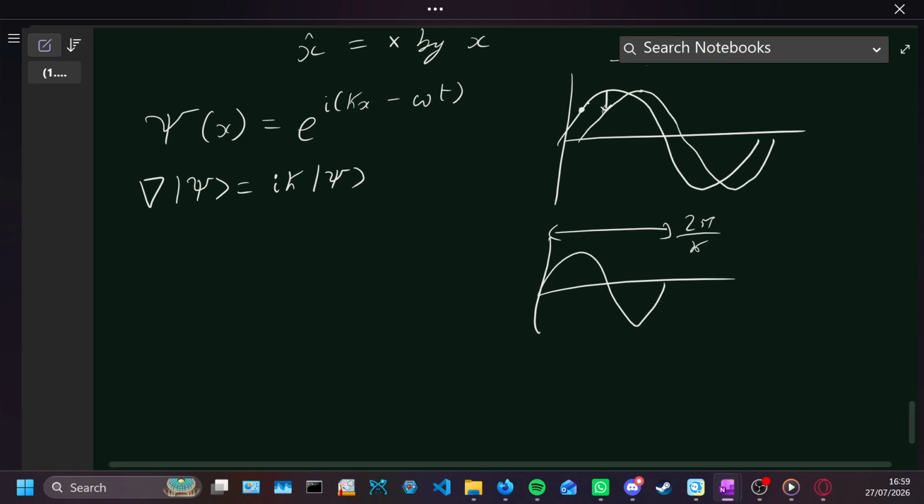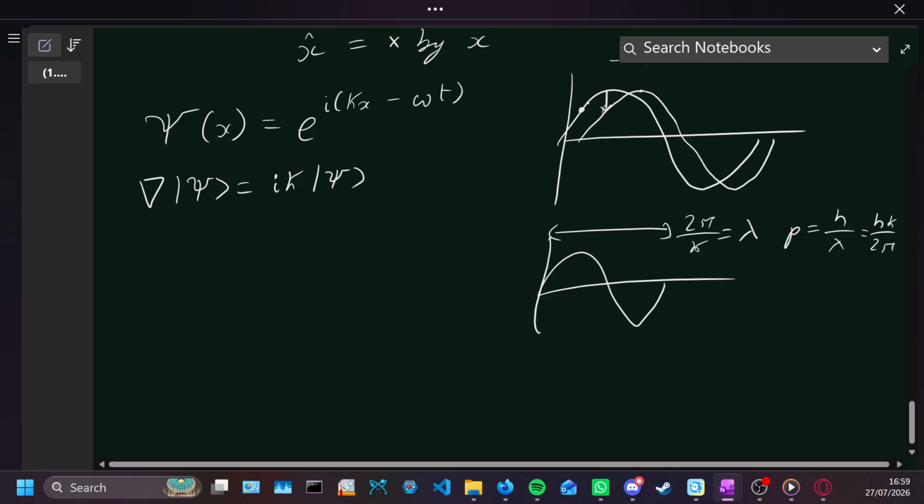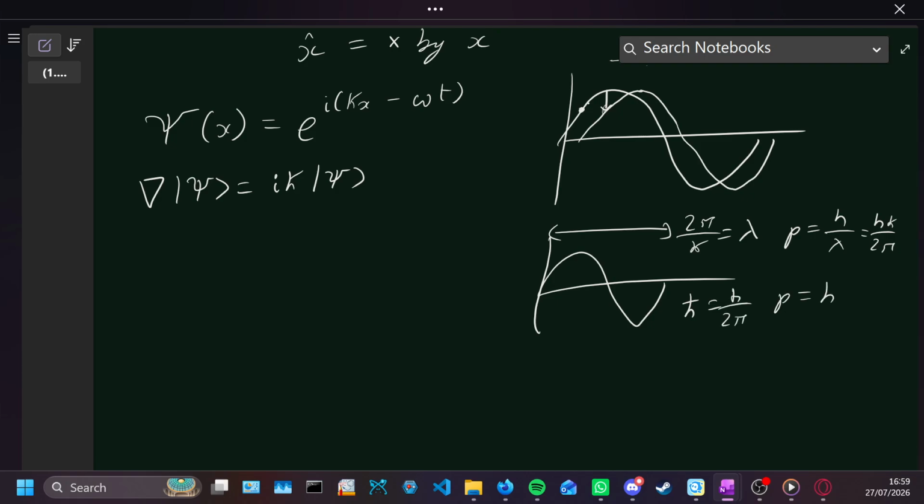And so that's equal to the wavelength, and by the de Broglie relationship, p equals h over lambda, and so the momentum is equal to hk over 2 pi. We're going to define the reduced Planck constant to be h over 2 pi, such that p is equal to h bar times k.